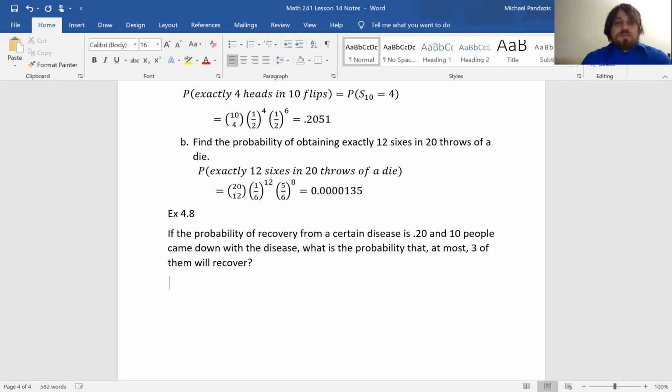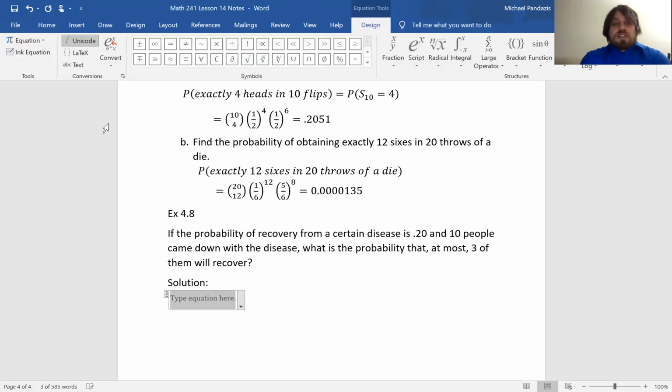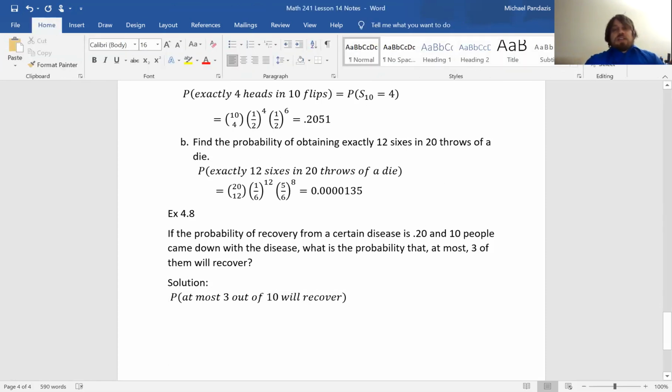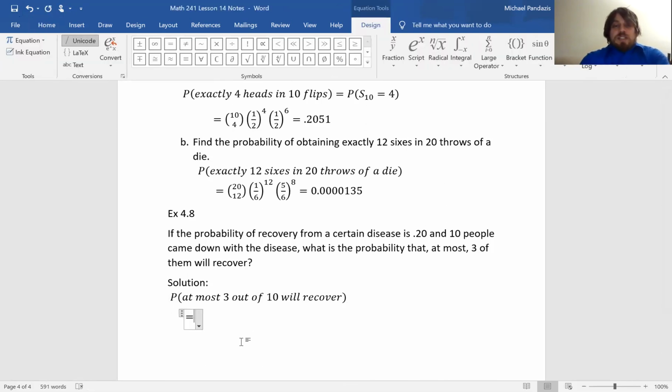So, solution. Let's write it out. Probability at most 3 out of 10 will recover. At first this problem seems very difficult, but if you break down the problem, it gets much easier.